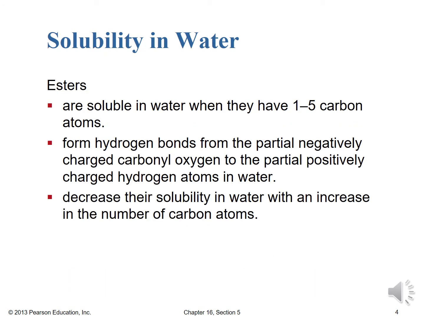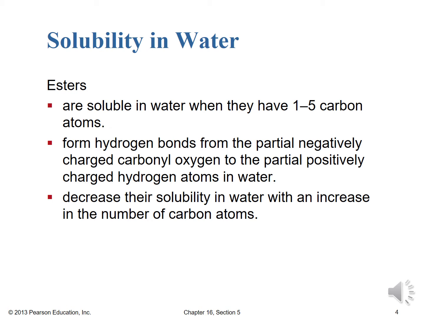So while they can't hydrogen bond with other molecules of their same type, esters are soluble in water when they have a relatively small number of carbon atoms because they can form hydrogen bonds with the water, right? The carbonyl oxygen is partially negative. It has those lone pairs that can interact with the partially positive charge of the hydrogen atoms in the water.